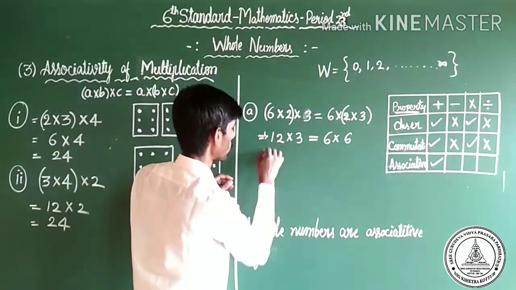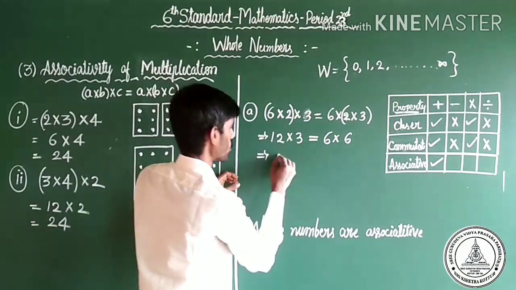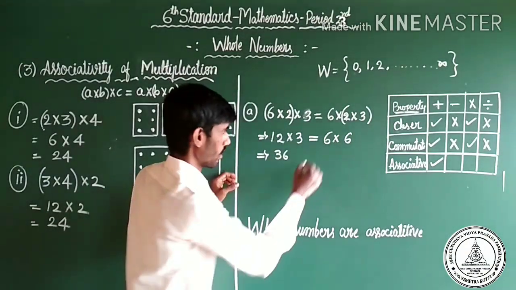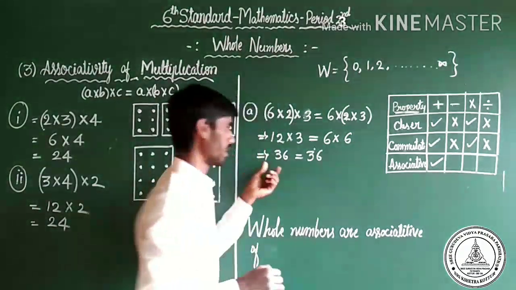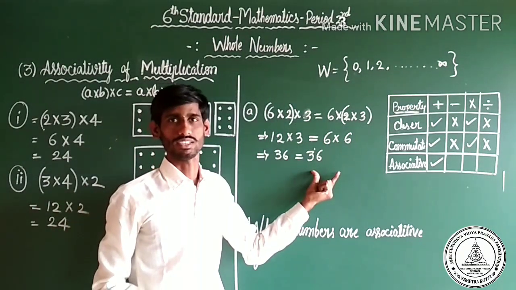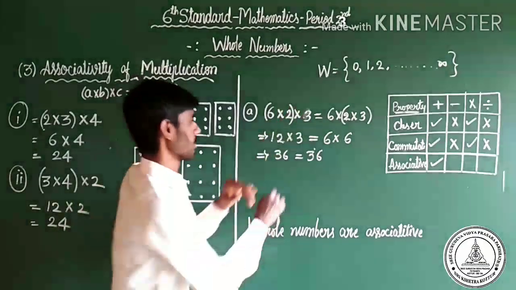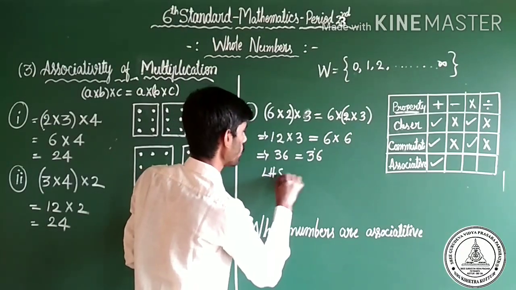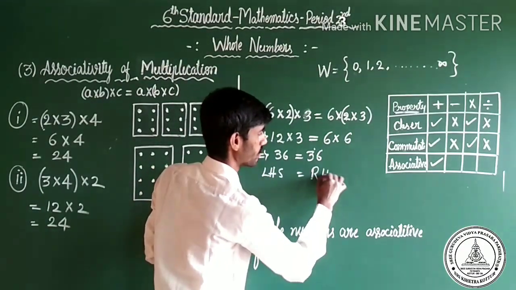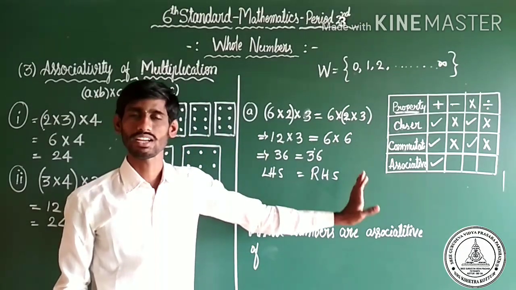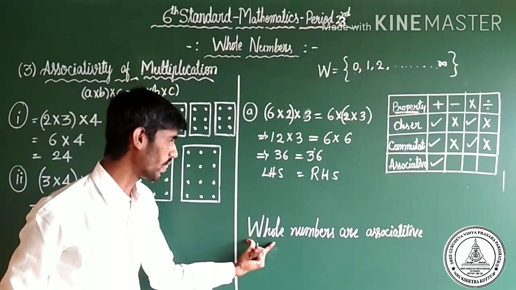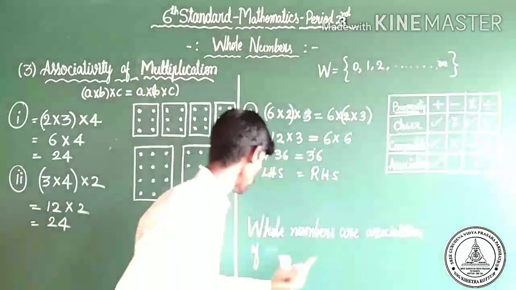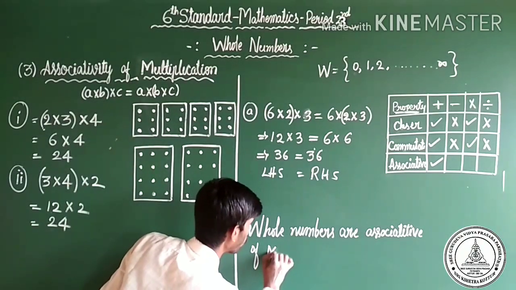Observe here, Chotu. 12 threes are 36 is equal to 6 sixes are 36. So 36 is equal to 36. The left hand side is equal to the right hand side. So finally we conclude that whole numbers are associative under multiplication.